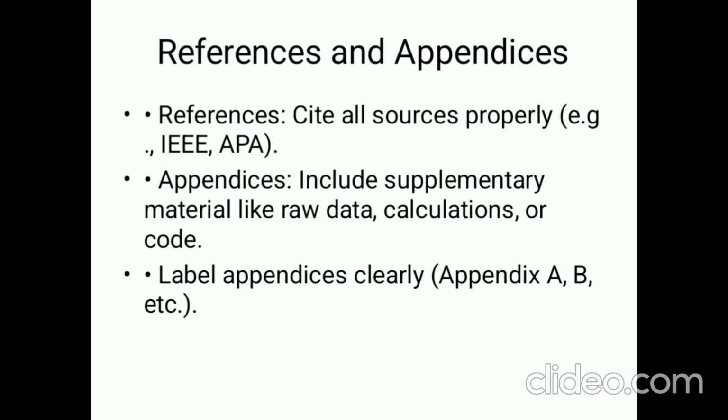The appendices include supporting material that is important but not essential to show in the main body, such as raw data, calculations, codes, or questionnaires. You must label each appendix clearly, such as Appendix A, Appendix B, and so on.